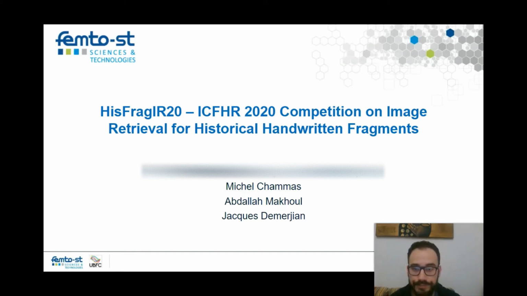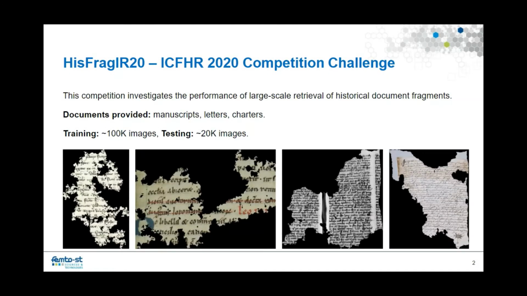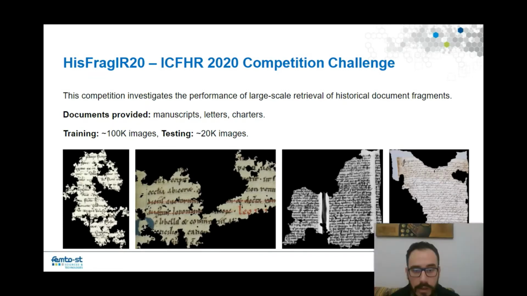So, I will start with the competition description. The competition was very challenging due to many factors, due to the large data set, especially the training data, which was over 100,000 images, and also around 20,000 for the testing.